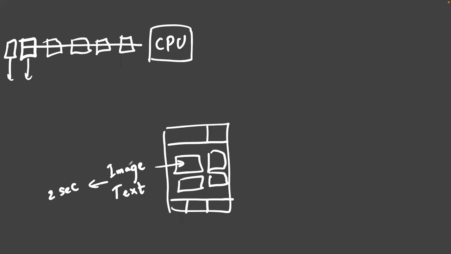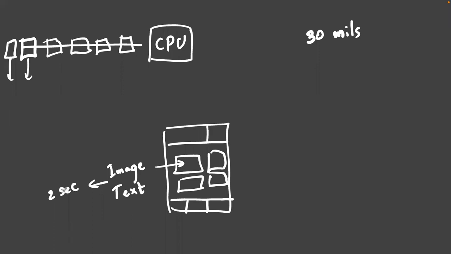But we all know that within 30 milliseconds, if we cannot render something new, the user will basically see some lagging, some unresponsiveness, right?